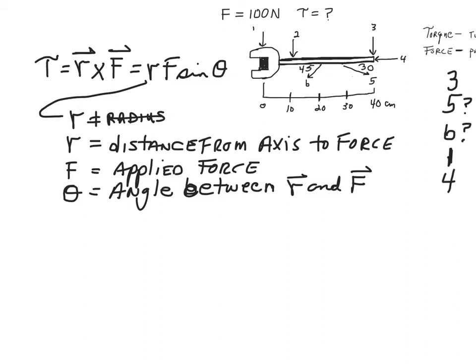So those are the three things that contribute to torque. And so now we can use this equation. So take this equation, practice, and calculate all 6 torques that we ranked here.